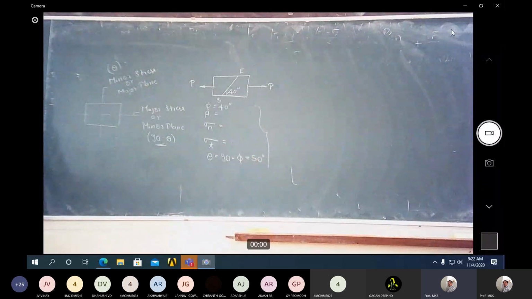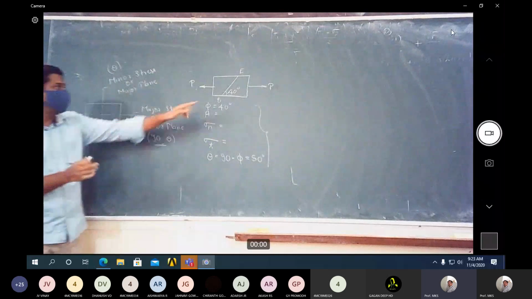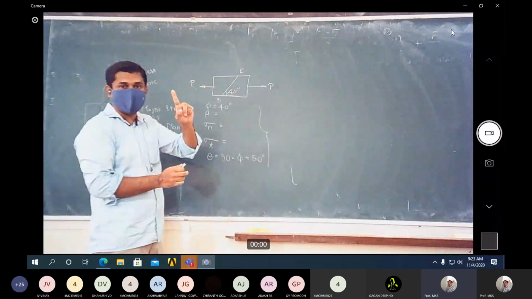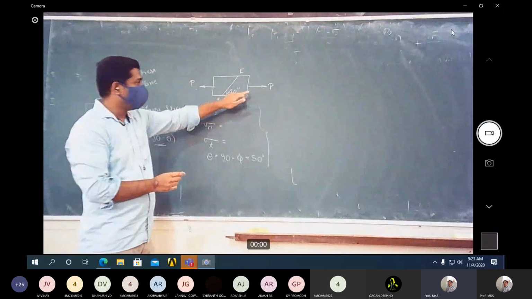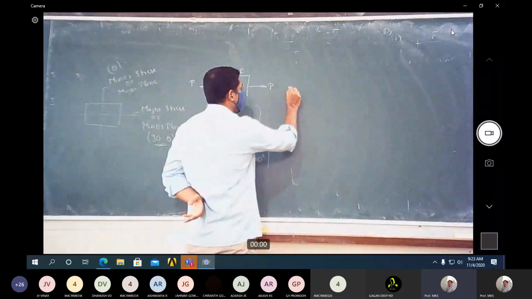You need to determine the safe value of P, the load P. So what is the equation for normal stress? Only a single stress is acting on a component, the first derivation from the last class. Those equations you need to use.